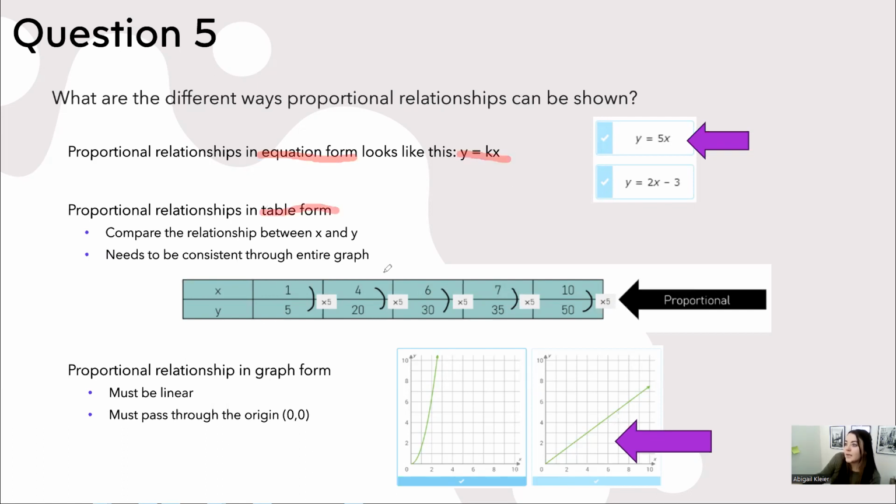The second form would be table form, where you compare the relationship between x and y and make sure that you have a consistent relationship in the table. And then the third way would be graph form, making sure that your graph is linear and that it passes through the origin.